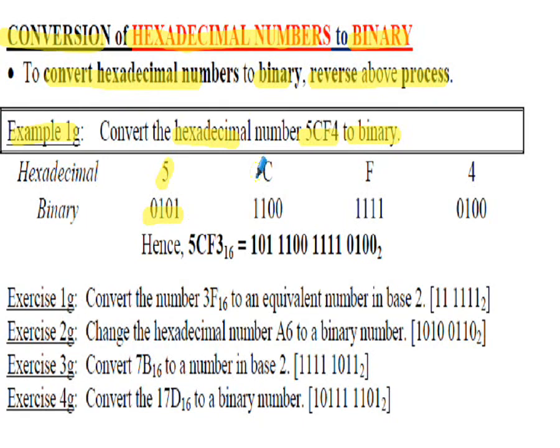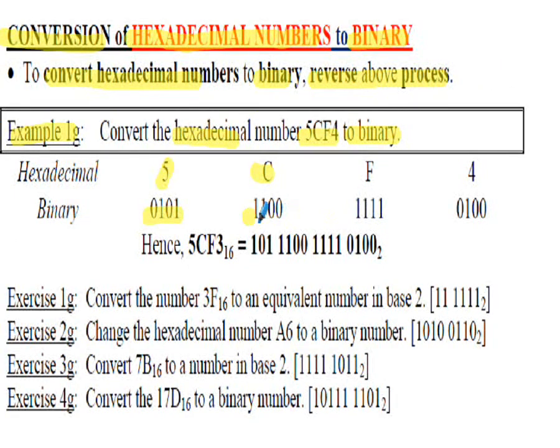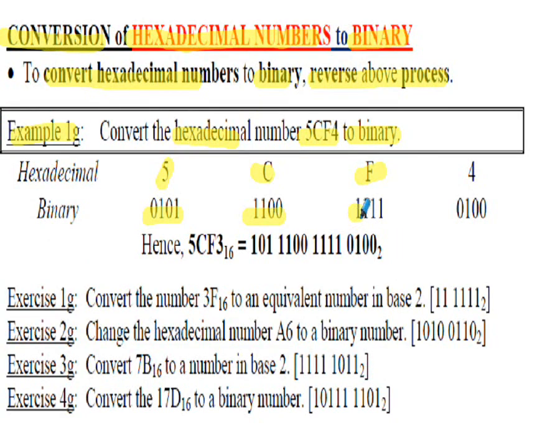Taking the next hex digit, C, on our table, if we look at C in the hex column and read off the equivalent binary number, it's 1100. So we simply replace the C with 1100. Looking at the F in table 2, F in hex is equal to 1111 in binary, so we simply replace the F with 1111.